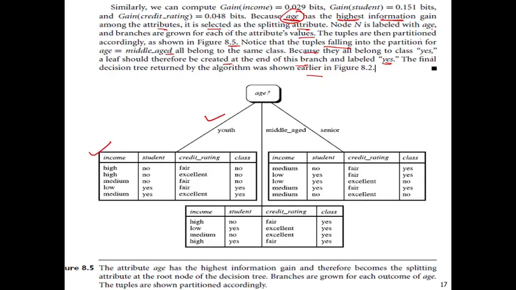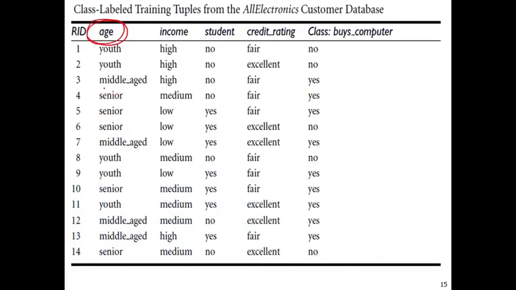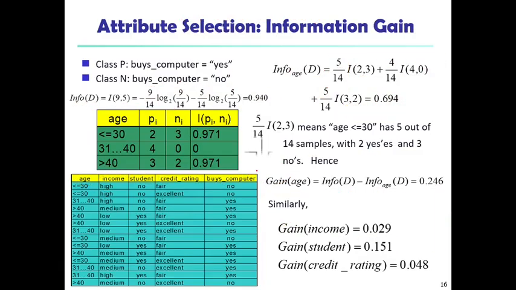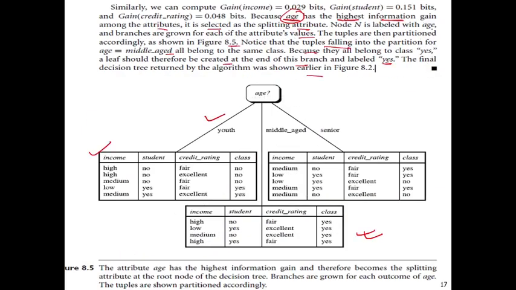With middle age also, all the values have been taken out. So three separate tables have been made. With youth, everything, yes, no, has been taken out, and a new table has been formulated. With middle age, a new table. With senior, a new table. So the final decision tree is written by this figure 8.2 only.